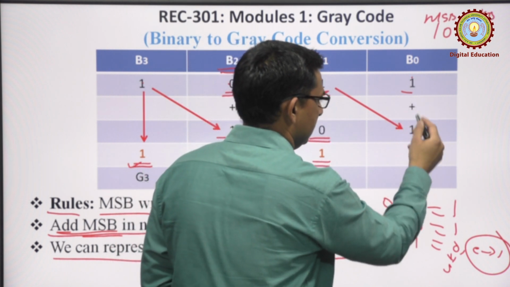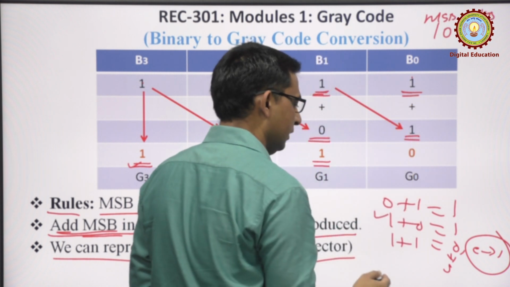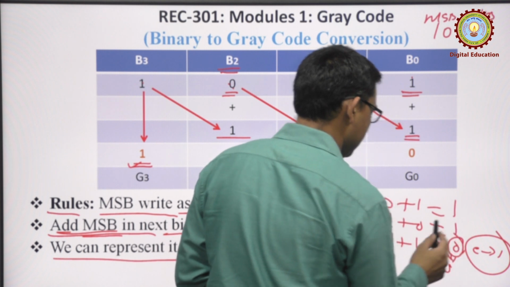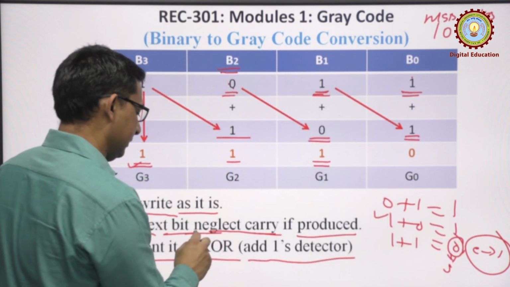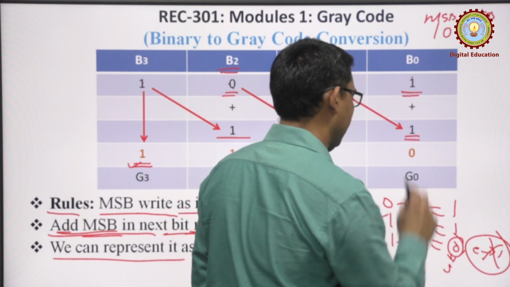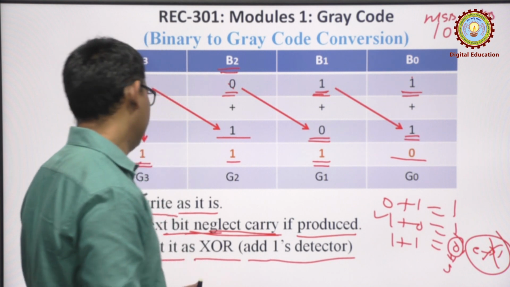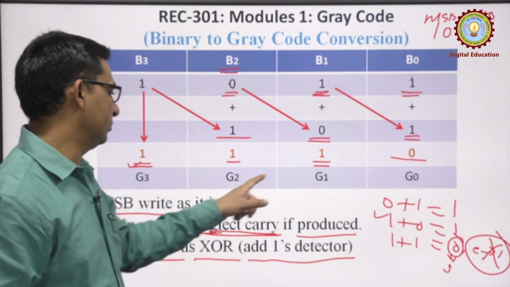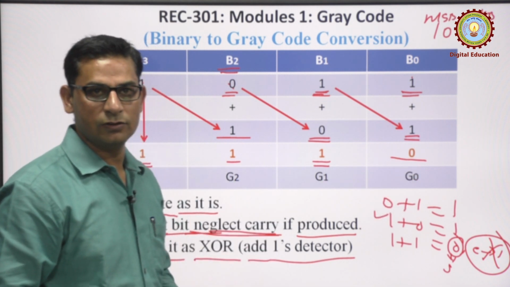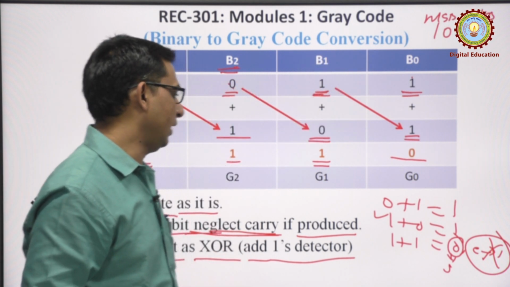So, 1 plus 1, we know the sum is 0 and neglect the carry. So, we have neglected the carry part. So, this is the gray code. Okay. And the order will be G3, G2, G1 and G0, similar to B3, B2 and so on. Okay.